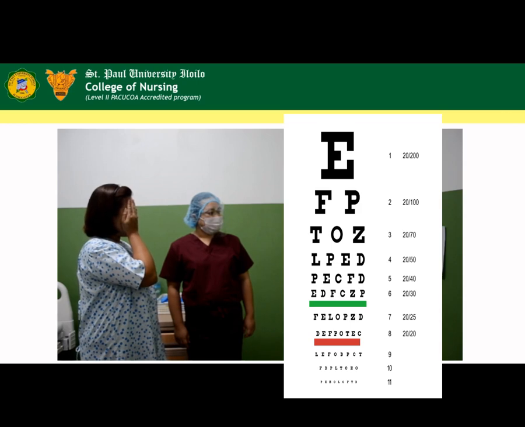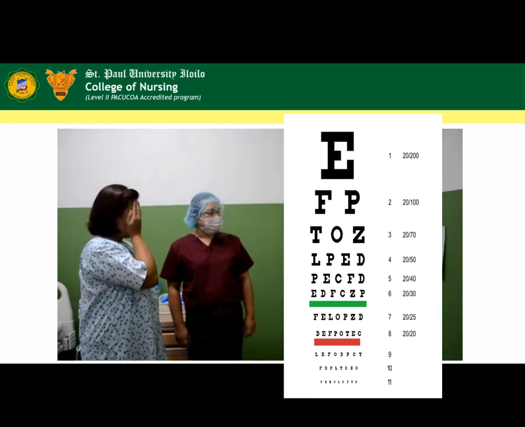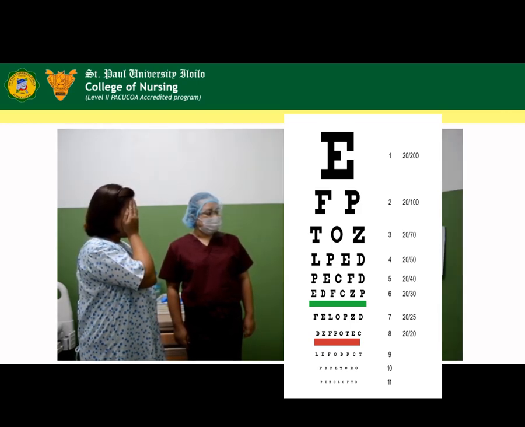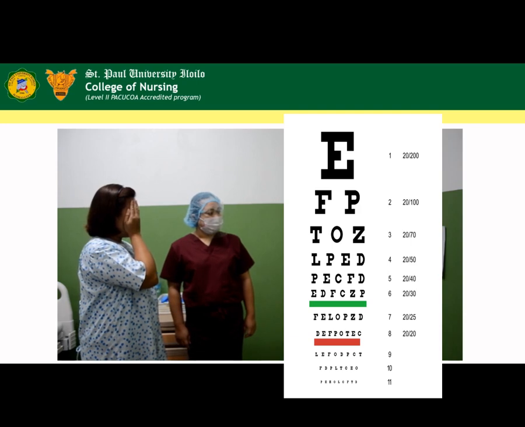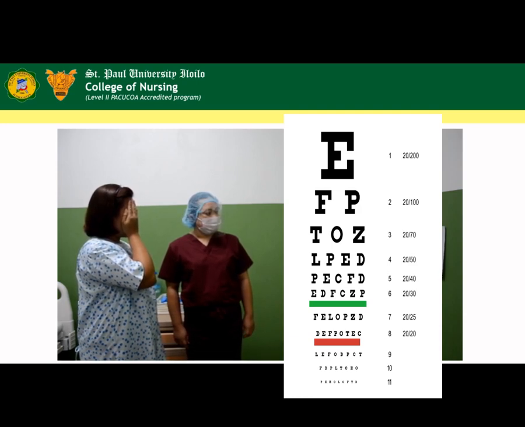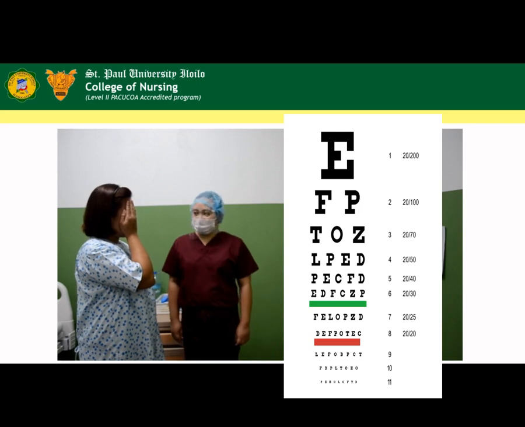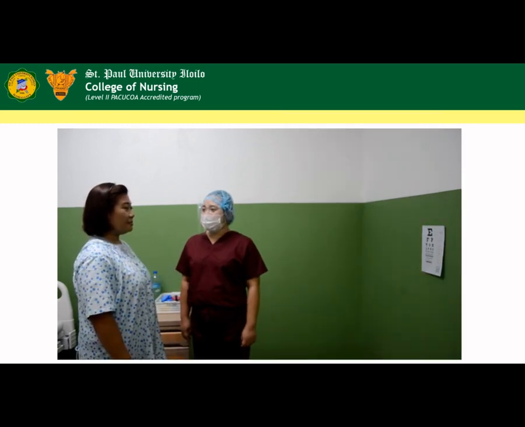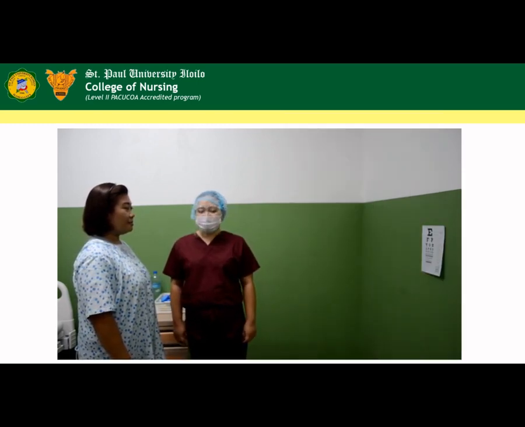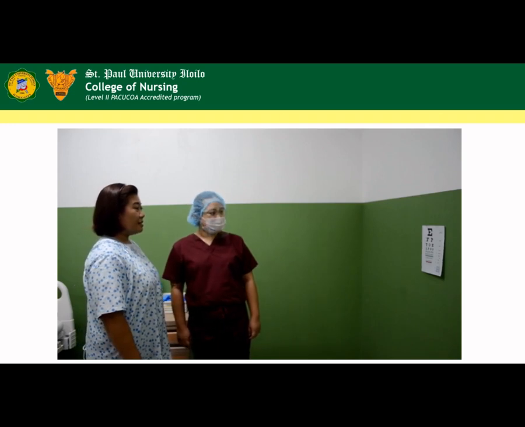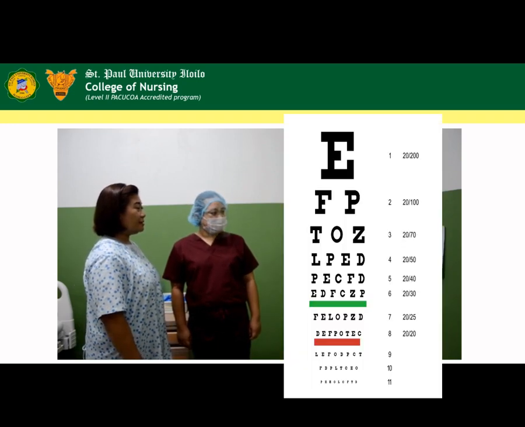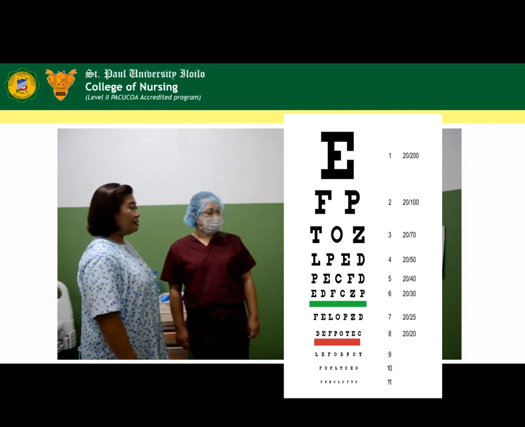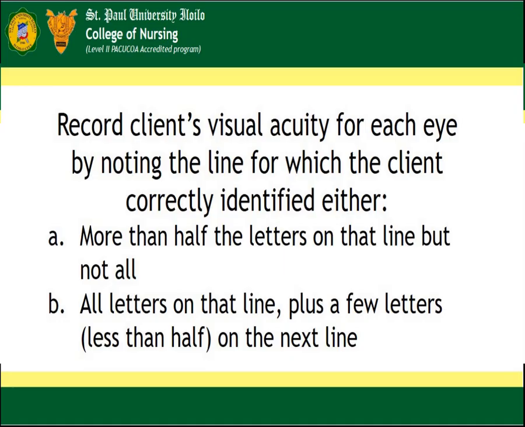D, E, F, P, O, T, E, C. Great. Now, we will do both eyes. It's in number 9. L, E, F, O, D, P, C, T.